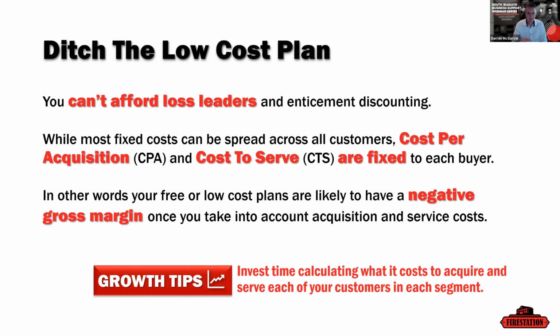In fact, and this is the point of the slide, when you've got an entry level offering that isn't priced appropriately, you can very easily end up with negative gross margin. In other words, it costs your business money to deliver this low cost offering. As soon as you ditch it, your bottom line is going to benefit, and it's going to reduce your costs, obviously, as a consequence.